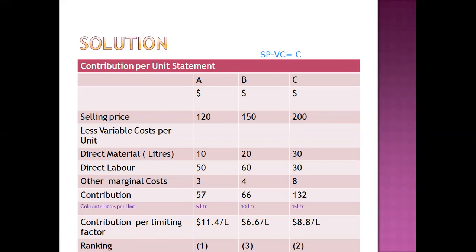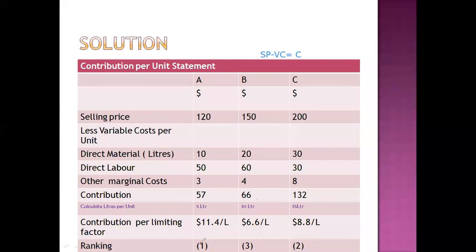Then we get to stage number 3, where we are supposed to rank which product is contributing more per liter. It means A is contributing more per liter, so we rank it number 1. That's our first priority.